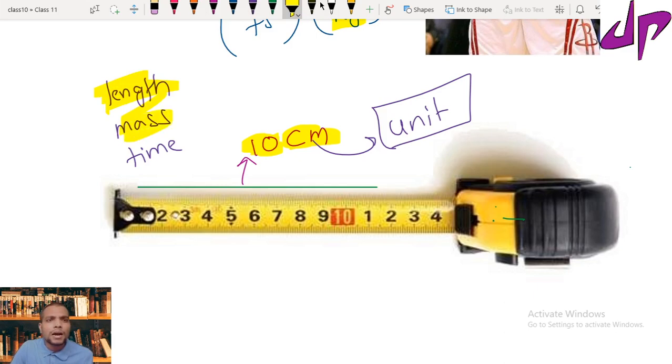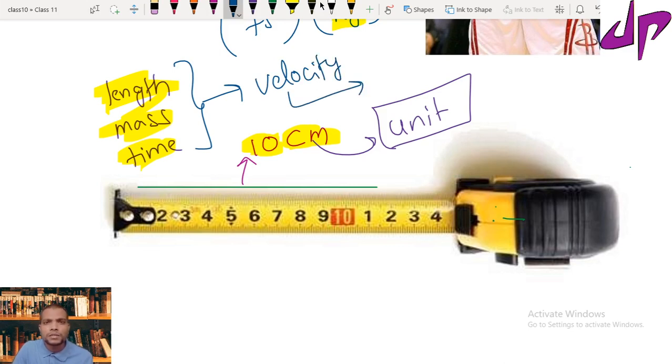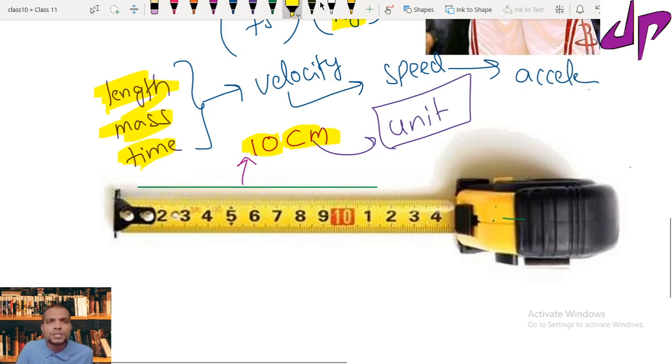Apart from that, we can measure velocity, speed, and accelerations. So velocity is a physical quantity, speed is a physical quantity, acceleration is a physical quantity, and according to your basic knowledge, these all come with units.